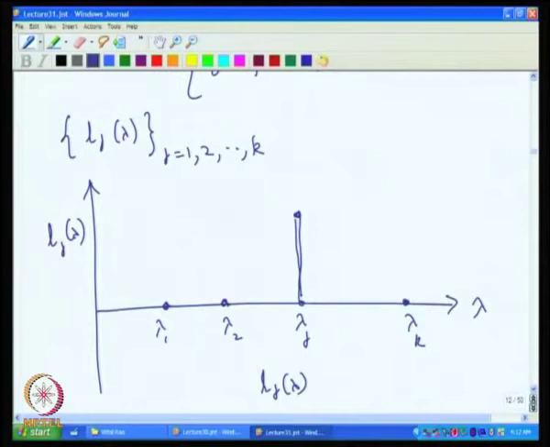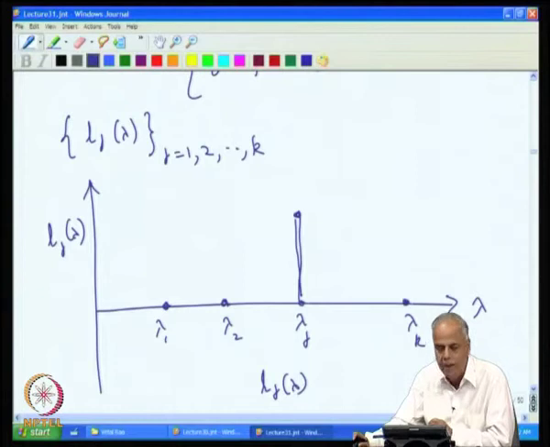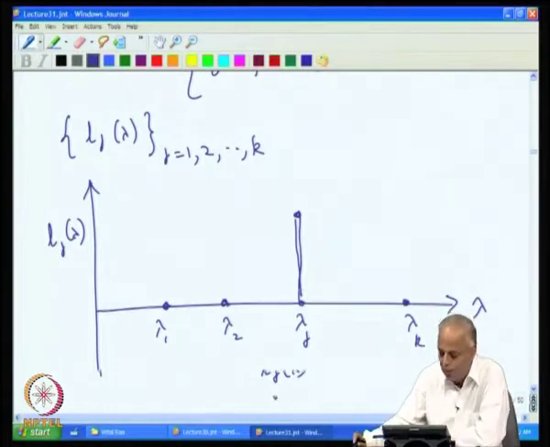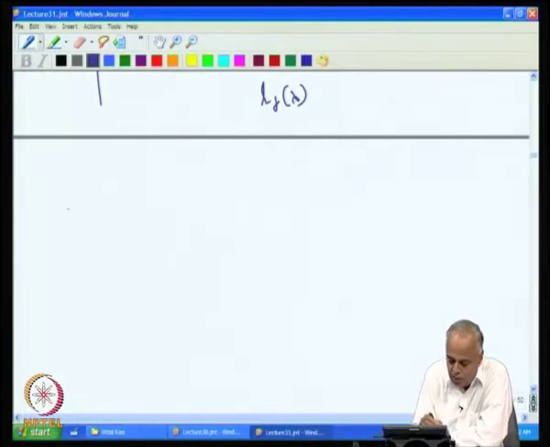So that is what we mean when we say that this lights up at lambda j and just dies off at all other places. It looks like lambda j is a switch for the polynomial L j lambda.